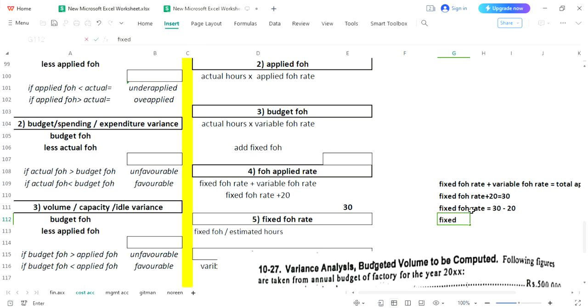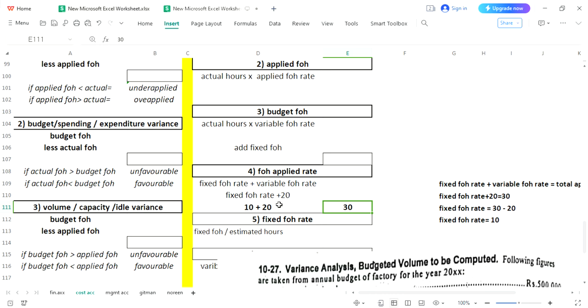So how much would the fixed FH rate be? 30 minus 20 is equal to 10. So now you can see indirectly we have calculated 10 plus 20 is equal to 30. So fixed FH rate 10, variable FH rate 20. By adding both rates we have got the FH applied rate.